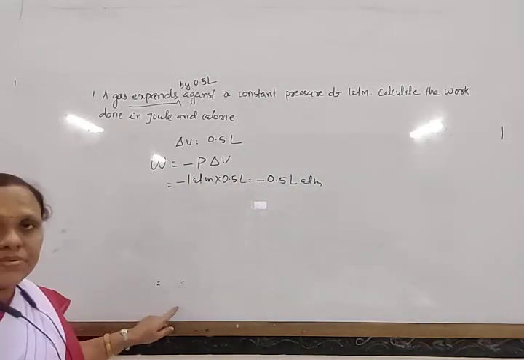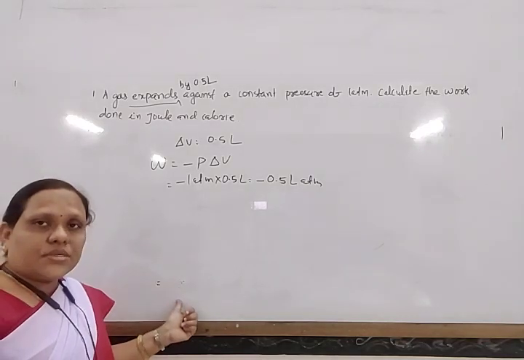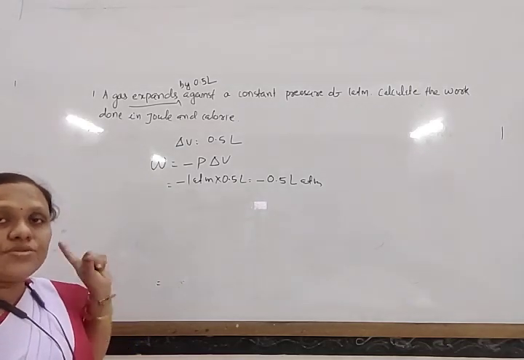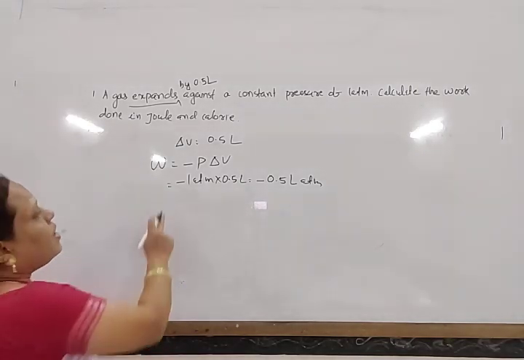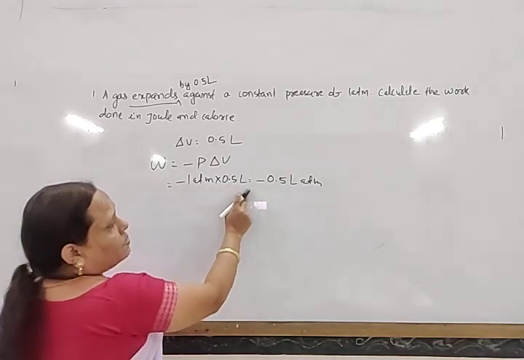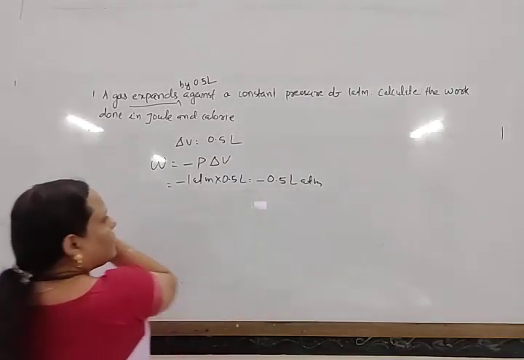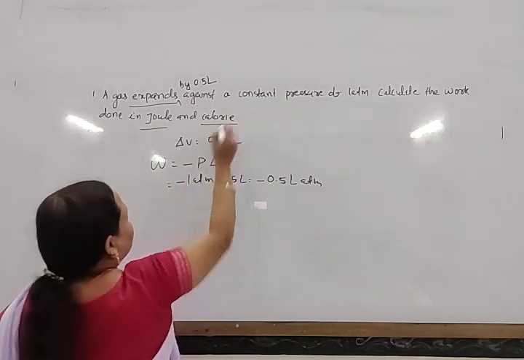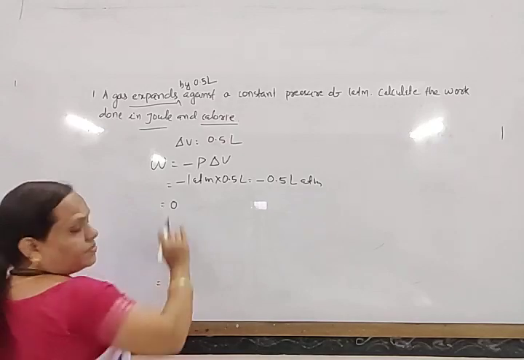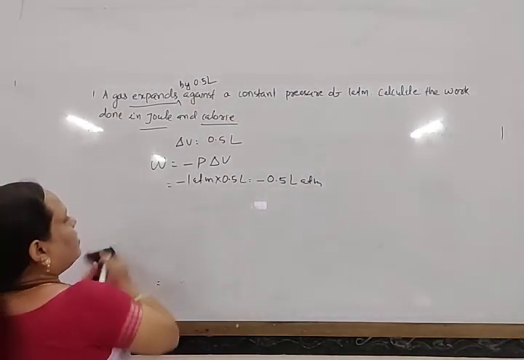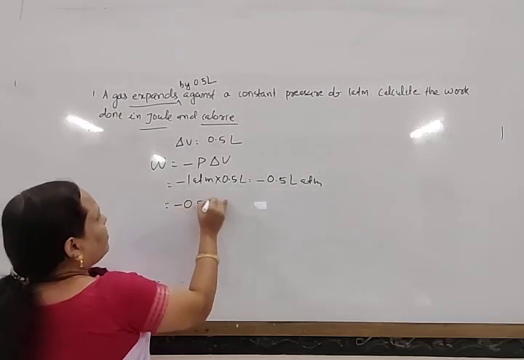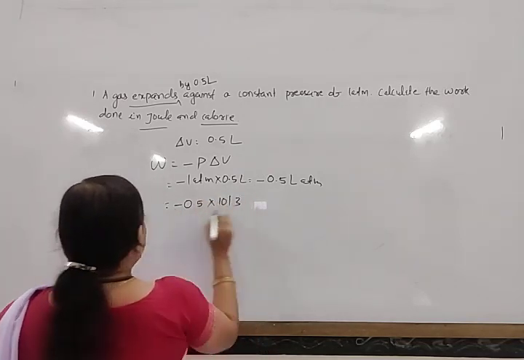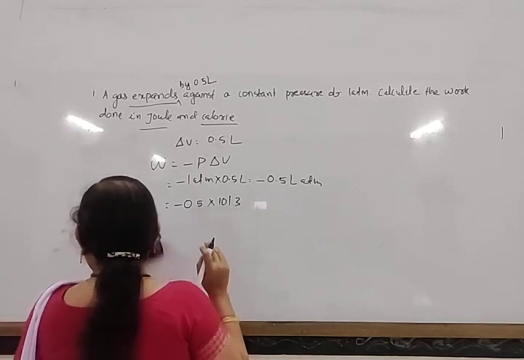In the previous questions, if I have not given the negative sign, just put the negative sign in the previous answer, because work of expansion is negative. But the question asks for the work in joule as well as in calorie. So minus 0.5 into 101.3.